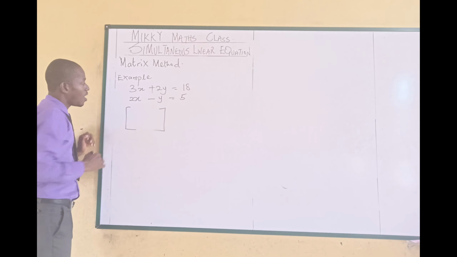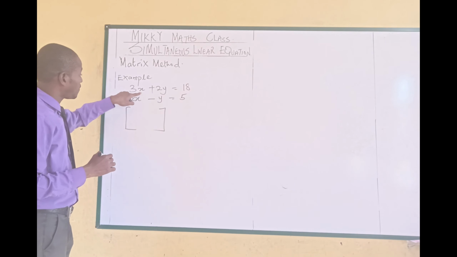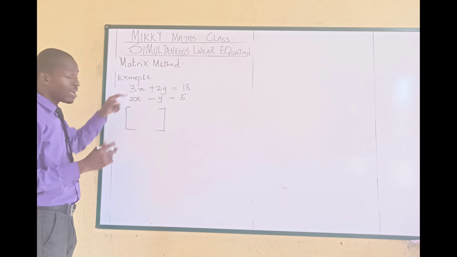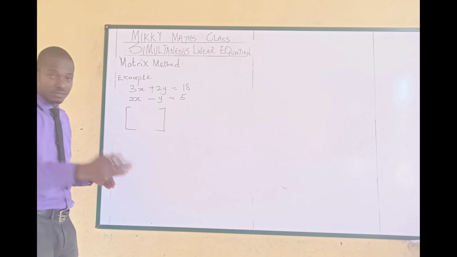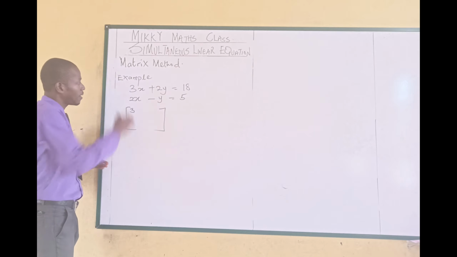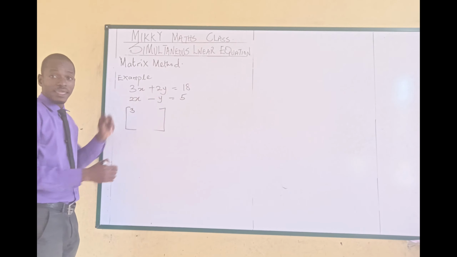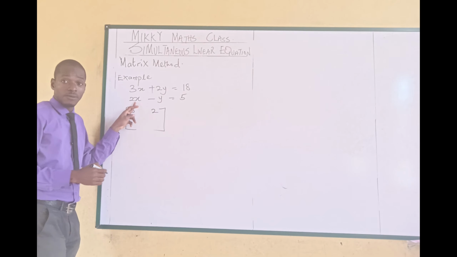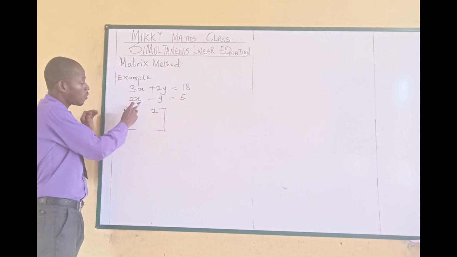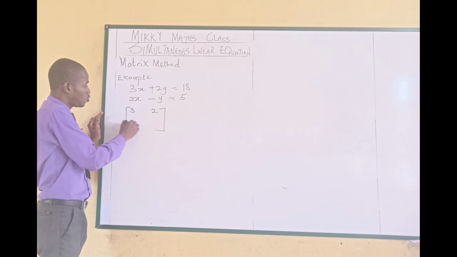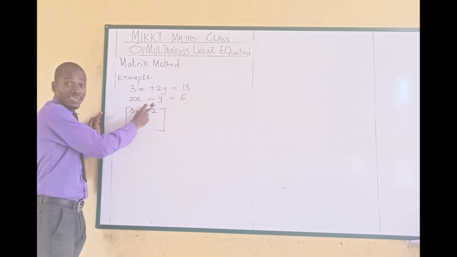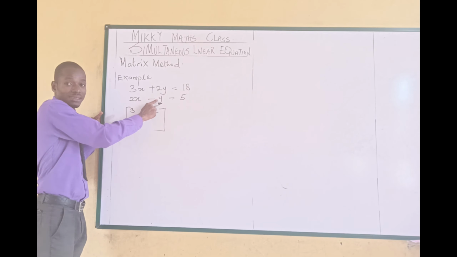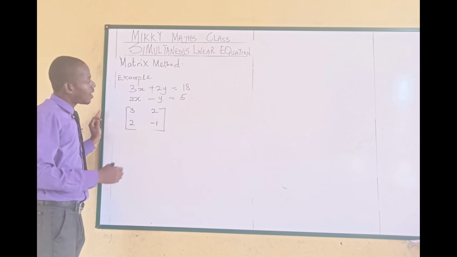For me to put it in matrix form, I bring out the coefficients. The coefficient of x here is 3, that means what is standing in front of x. The coefficient of y is 2. Now I go to the second equation. The coefficient of x here is 2, and the coefficient of y here is minus 1.